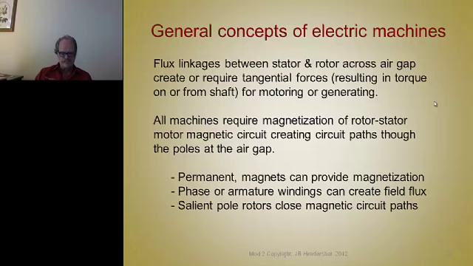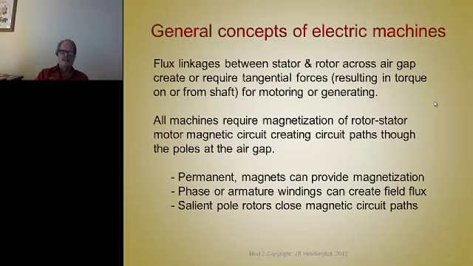So all machines require a magnetic circuit, where part of the circuit's in the stator and part of it's in the rotor. And in the case of salient pole machines, they only have one magnetic source, and it's in the stator.